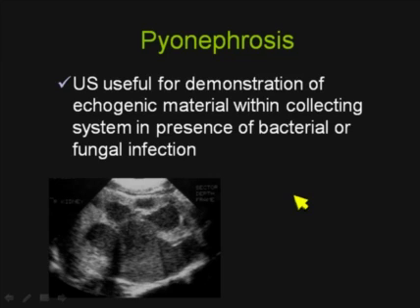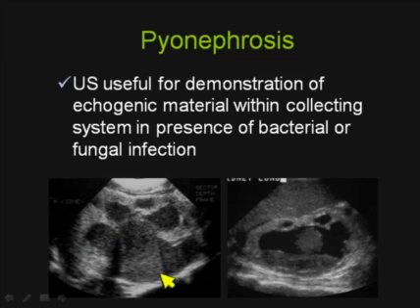Pyonephrosis can be shown with ultrasound by demonstrating echogenic material within the collecting system in the presence of bacterial or fungal infection. However, other material can look echogenic, such as protein or blood.